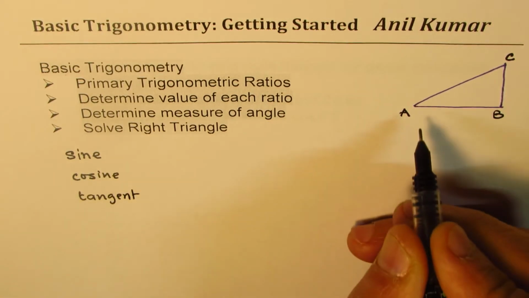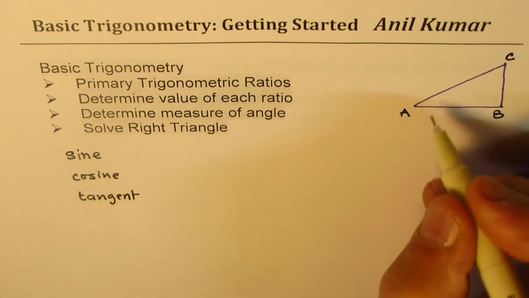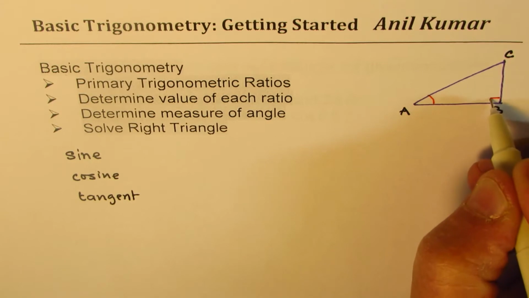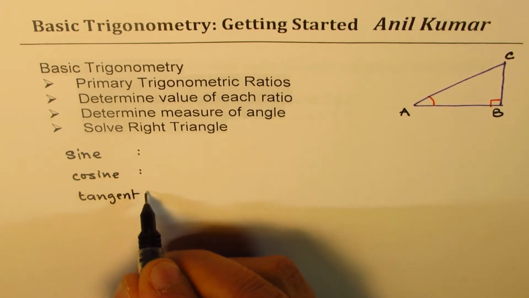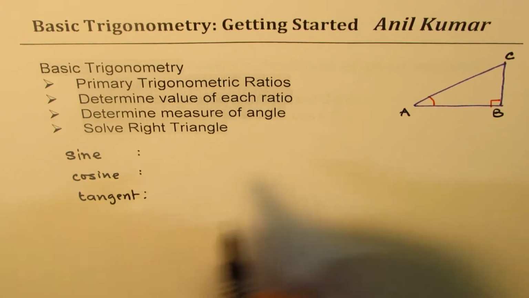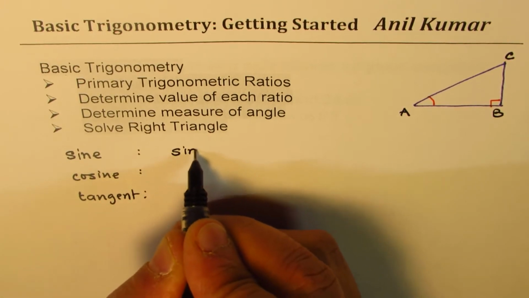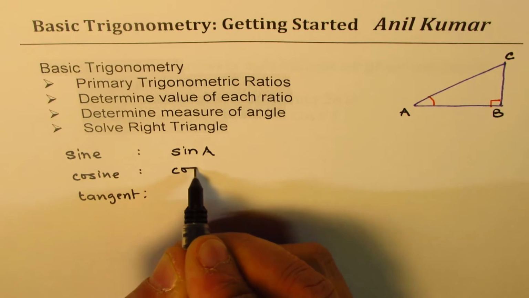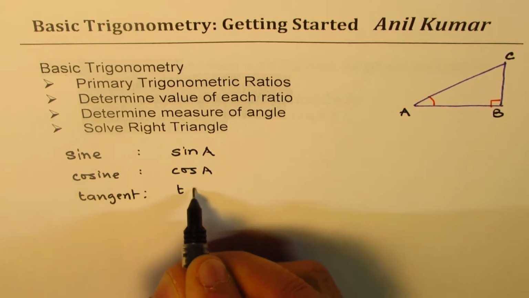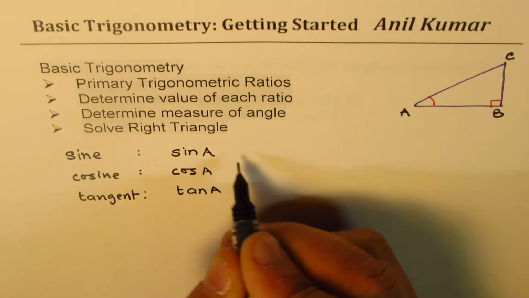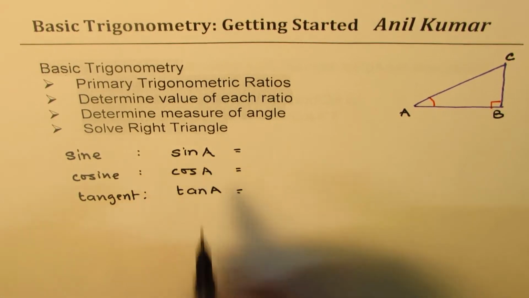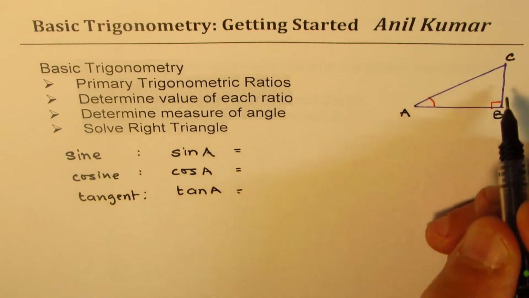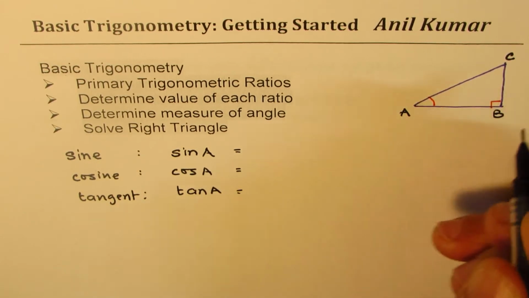In short, if we are using an angle, let's use angle A as the angle for a given ratio, then we could also write these three ratios as sine A, cos A or tan A. Now these are the ratios in a right triangle where sine A is equal to the ratio of the side which is opposite to the angle.